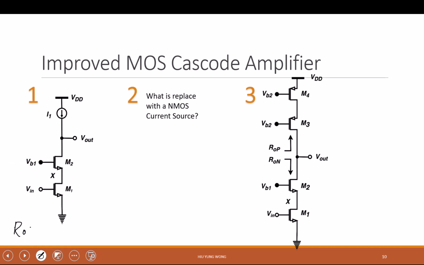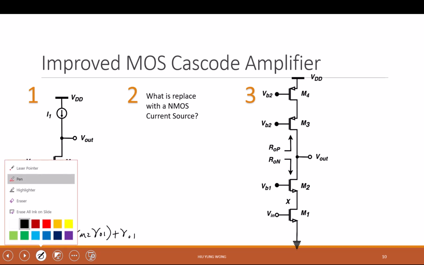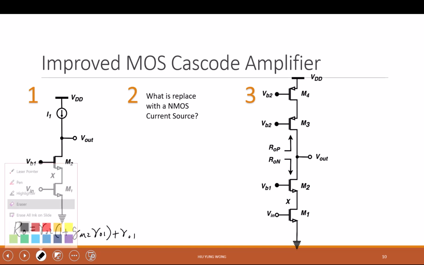Rout equals RO2 times 1 plus GM2 RO1 plus RO1, which is approximately, besides the full equation, I want you to be able to do the approximation also, equals RO2 GM2 RO1. Is that okay? That is the output impedance.